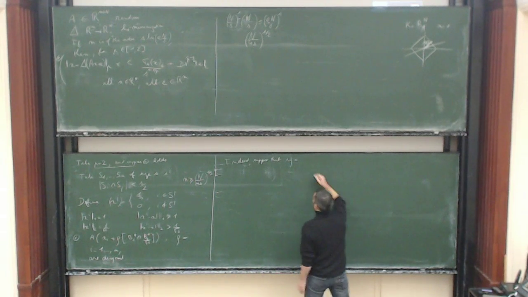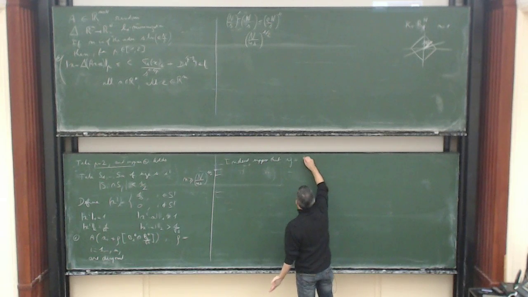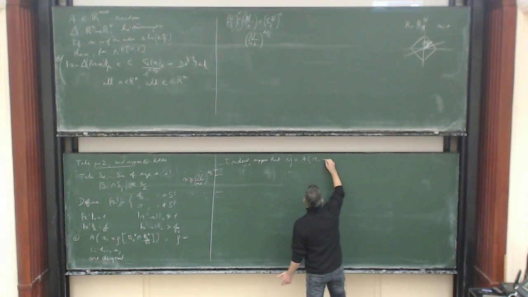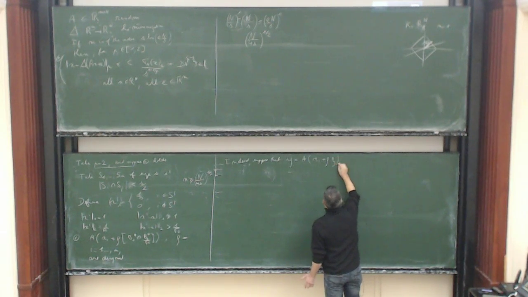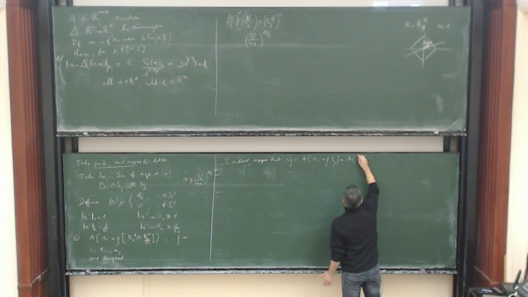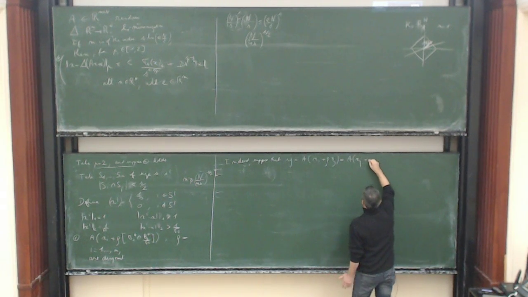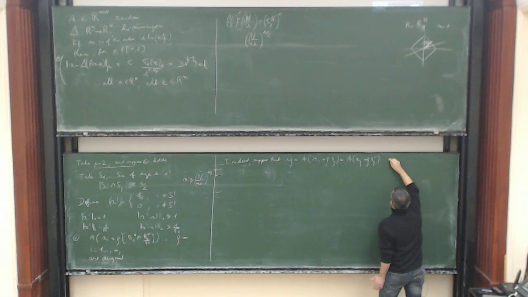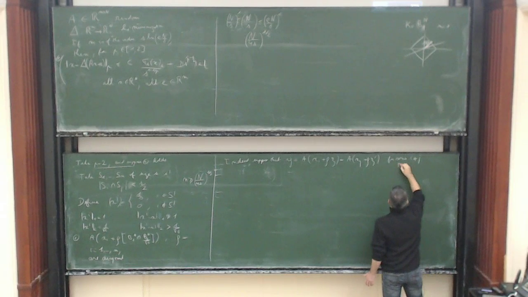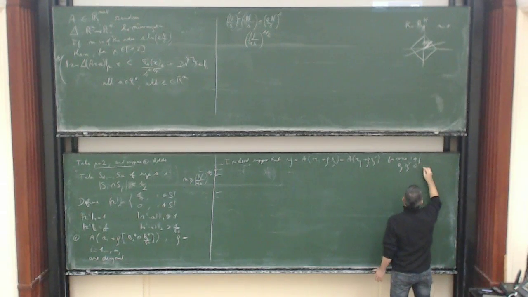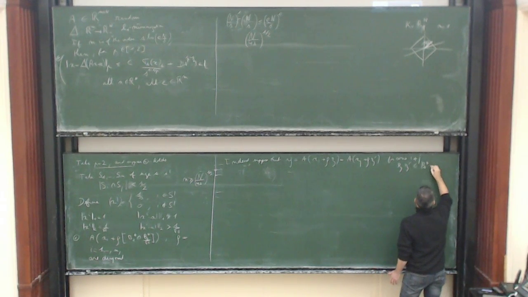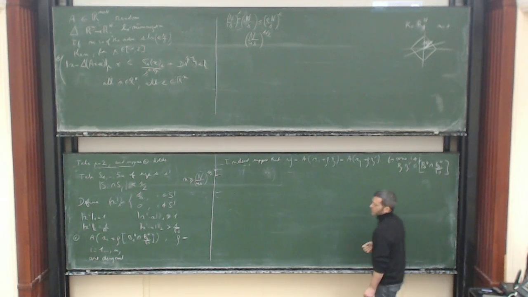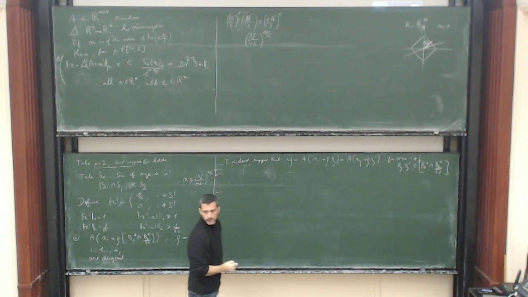Let me call it y, something of the form A of xi plus rho z, but which can also be written as A of xj plus rho z prime, for some z prime in this L1 ball intersected with the L2 ball scaled by 1 over square root of s. So suppose that this happens.